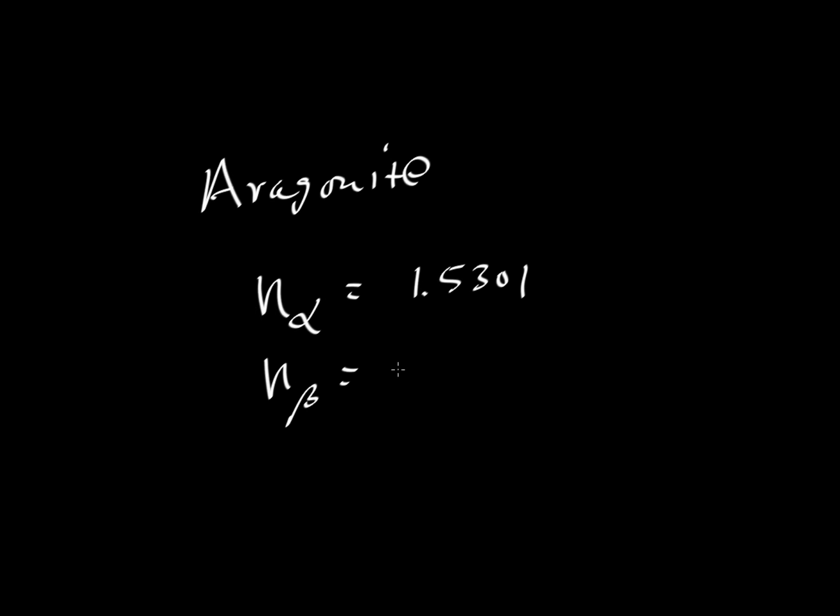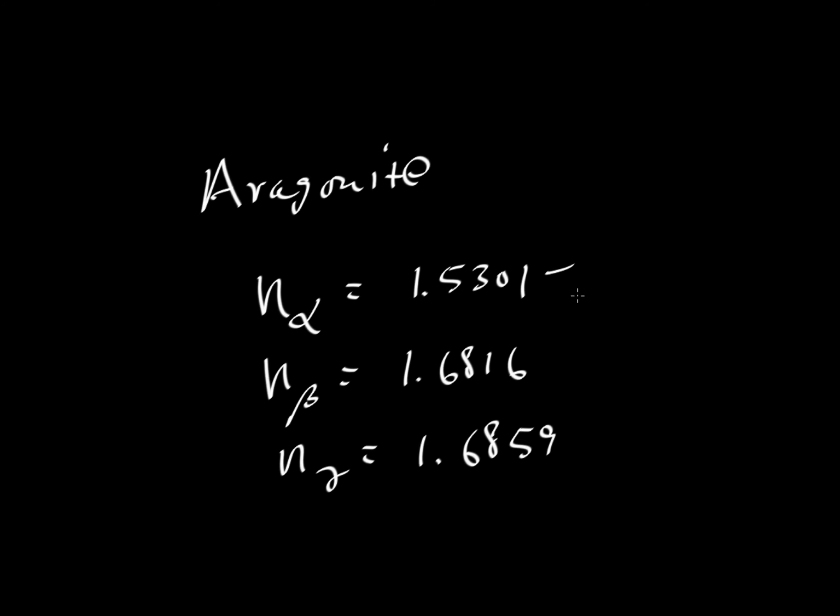Let's take another example. Let's say we have the mineral aragonite. In aragonite, you'll see three values: an n alpha, which is about 1.5301, and then an n beta, which is 1.6816, and then an n gamma, which will be about 1.6859.